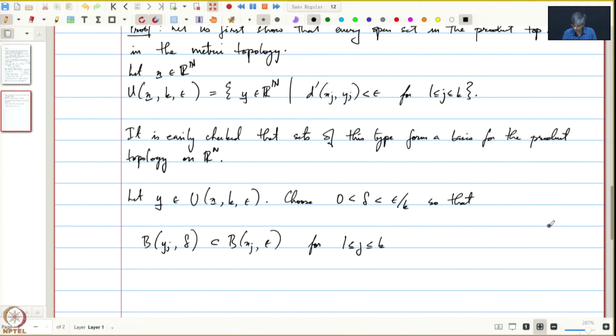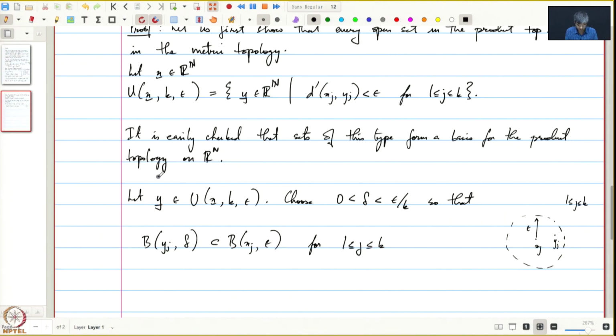So in other words, we have xj here. For each coordinate j, this has length epsilon, and our yj is a point over here, for each j lying between 1 and k.